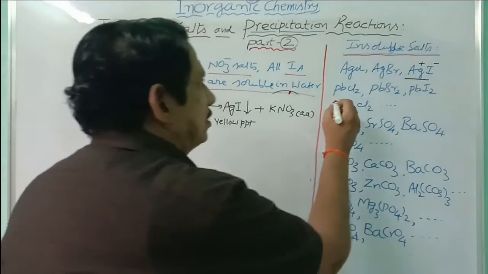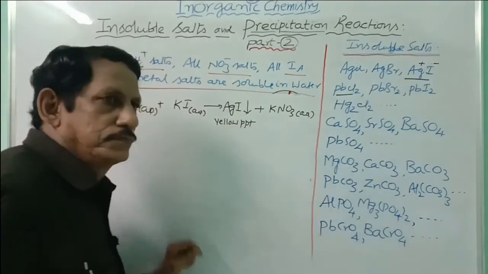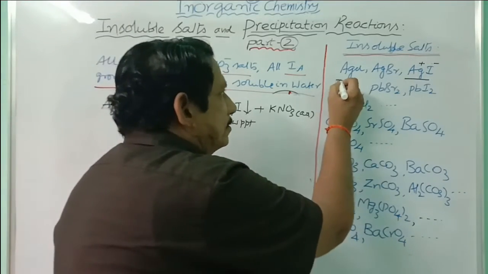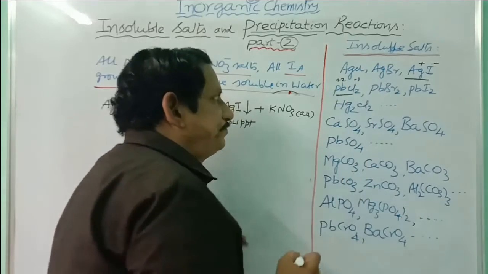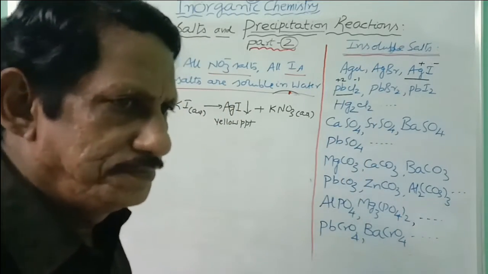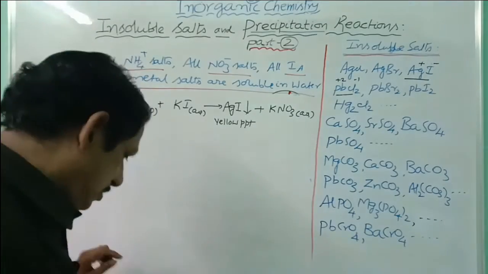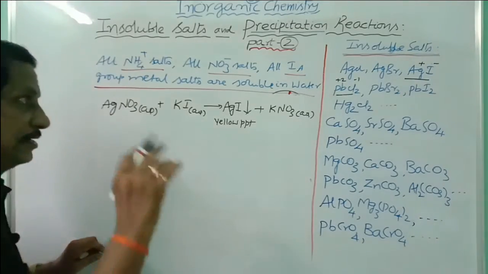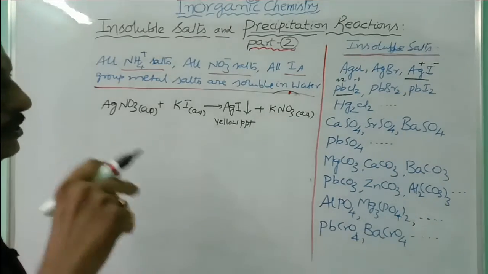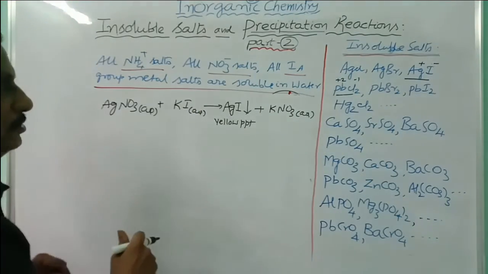Similarly, you can take lead chloride. You can take a salt of lead ion and chloride ion. All nitrates are soluble, so you can take here lead nitrate. Lead chloride is insoluble, don't forget. You have to get that chloride.